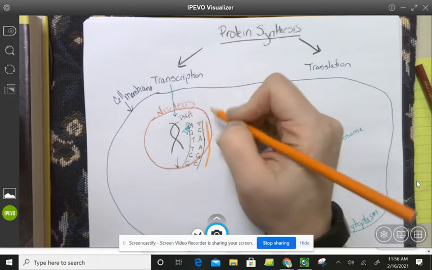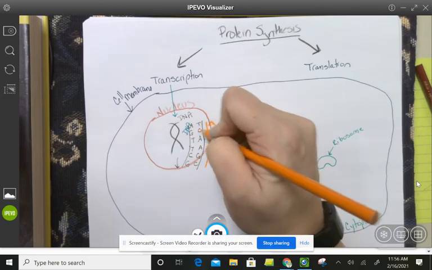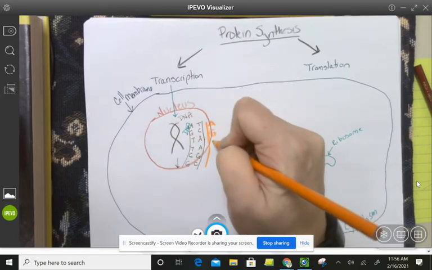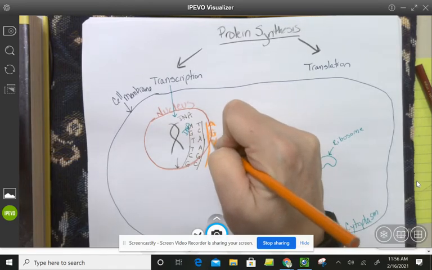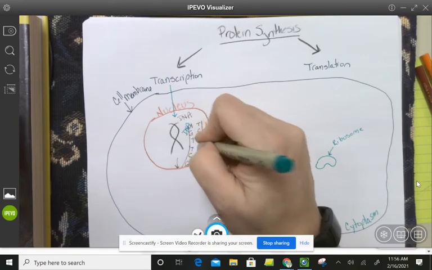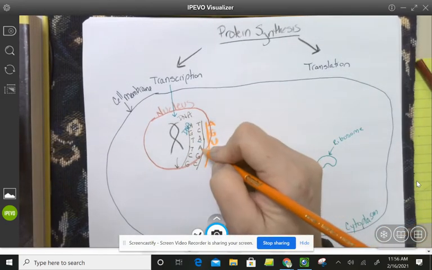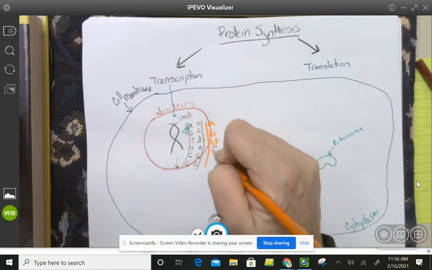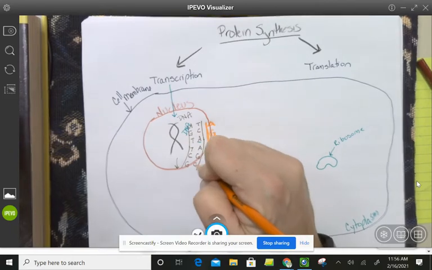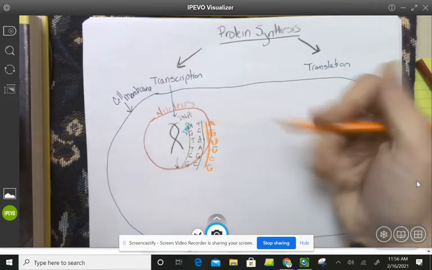So T is going to turn into an A. C is going to turn into a G. A is going to turn into a U. This is important. Remember, uracil replaces thymine in RNA. A is going to turn into a U. G is going to turn into a C, and C is going to pair with G. I shouldn't say turn into, I should say pair with.